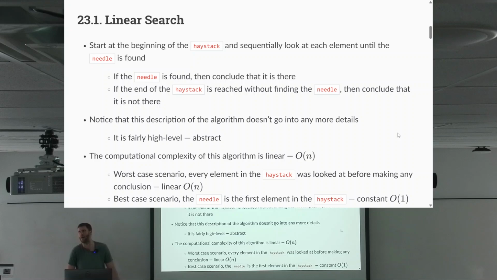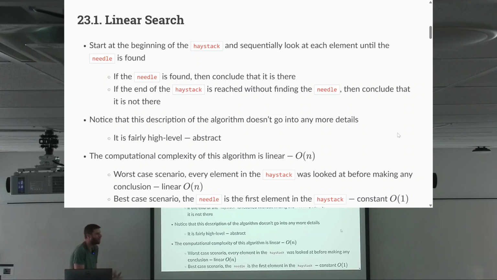At best it should be linear. Maybe you come up with a ridiculous implementation that's just deliberately terrible, which you could do if you wanted. But at best it's linear because the worst case scenario is you've got to look at all the things. You will only ever conclude that something is not there the moment you get to the end and you never found it.